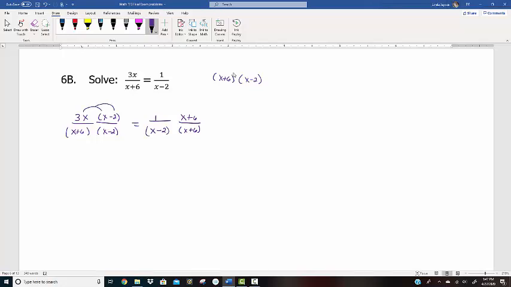So we have 3x squared minus 6x equals, and this one would distribute the same, x plus 6. Now, both of these are over x plus 6 times x minus 2.